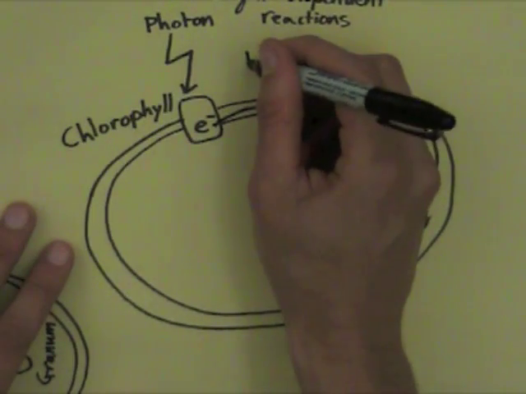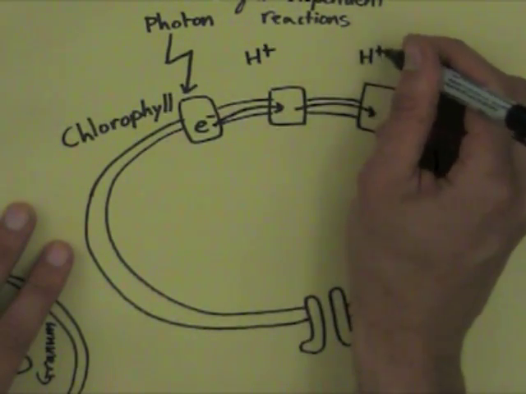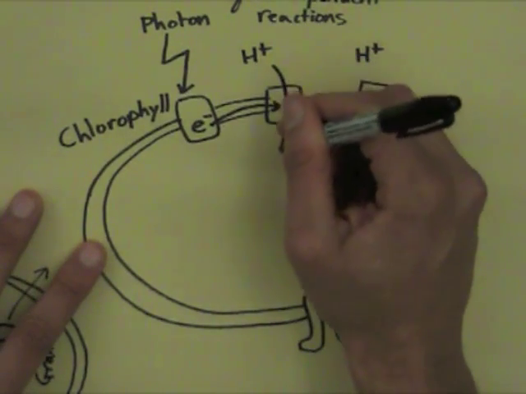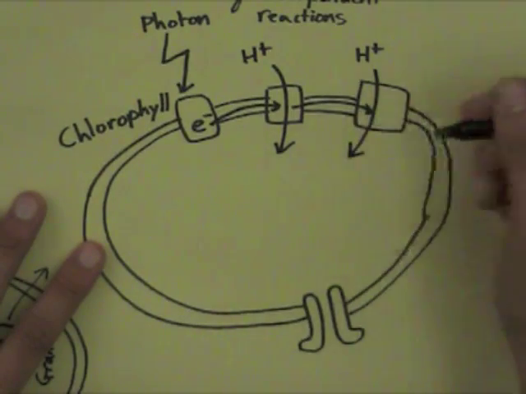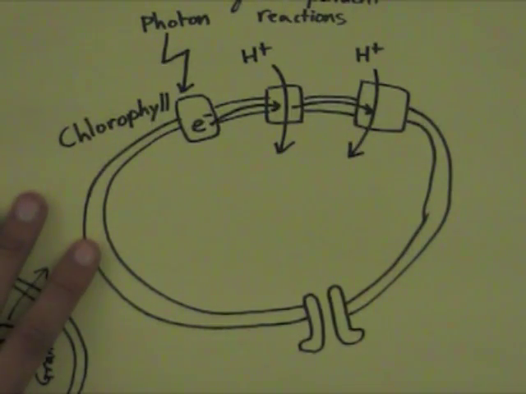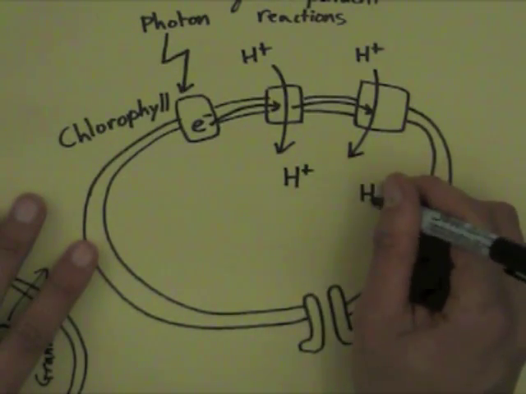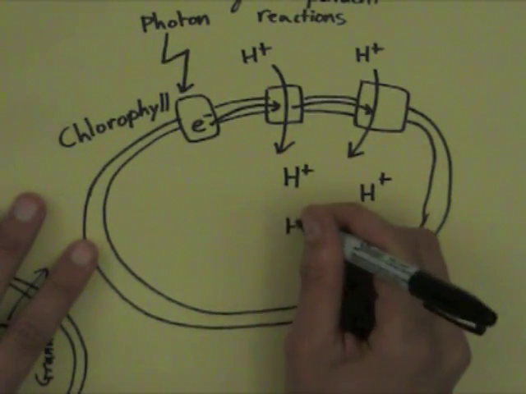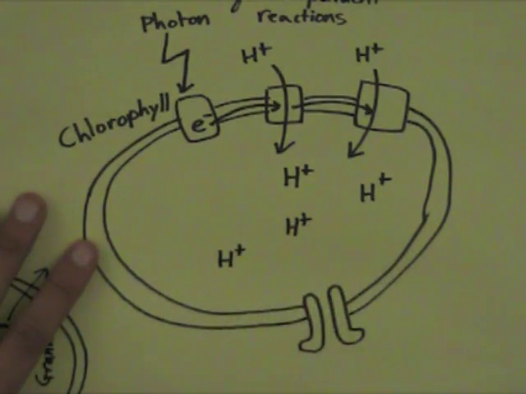That energy is used to pump hydrogen ions into the thylakoid, like this. This means that there is an increase in the concentration of hydrogen ions inside the thylakoid space, like so.